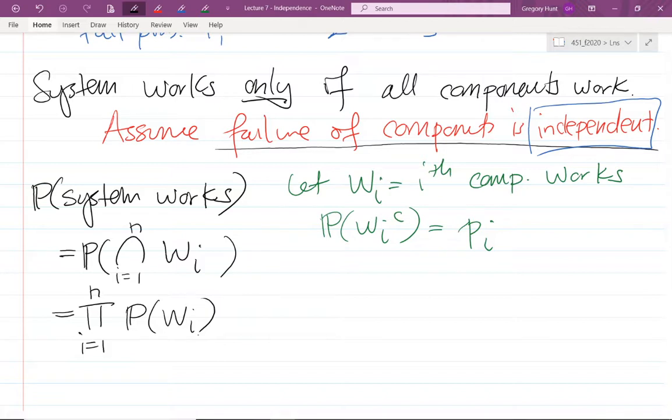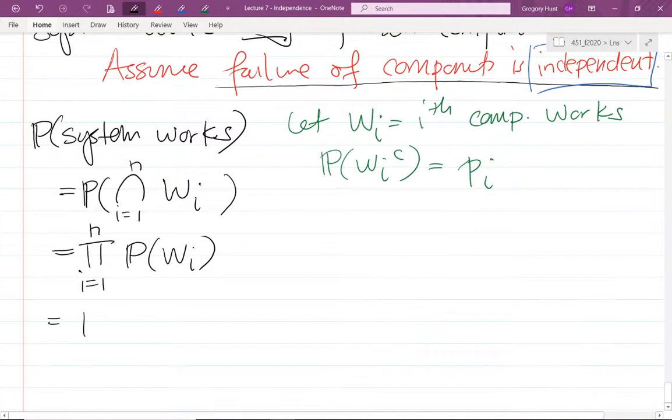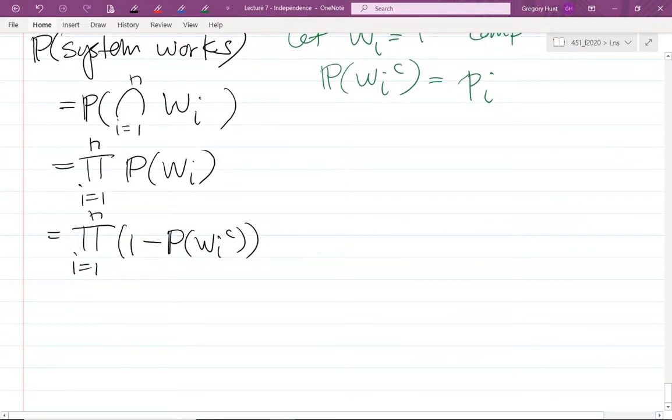And we don't actually know the probability that each component works. What we do know is the probability they fail, so we can write the probability of W sub i as 1 minus the probability of W sub i complement, and we know each of those is p sub i.